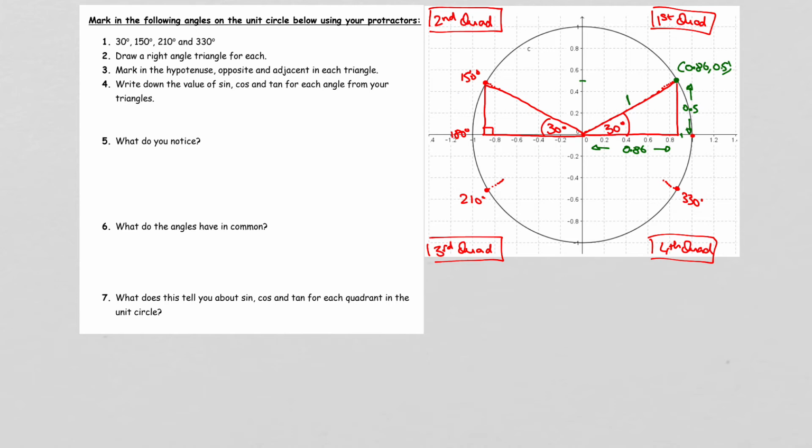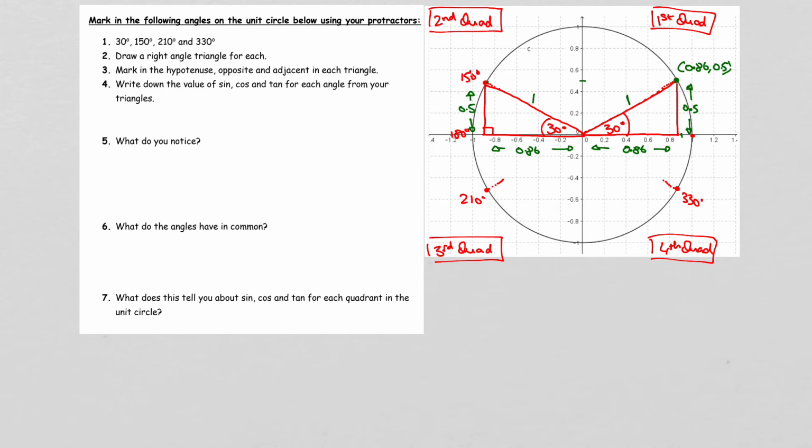Now, if I mark in my opposite, my adjacent, and my hypotenuse again, well, the hypotenuse is 1, and I can see I've gone out a distance again of 0.86, this time in the negative direction, and I've gone up a distance of 0.5 again. So in other words, if I go across and I go down, again I can see it's the same distance.